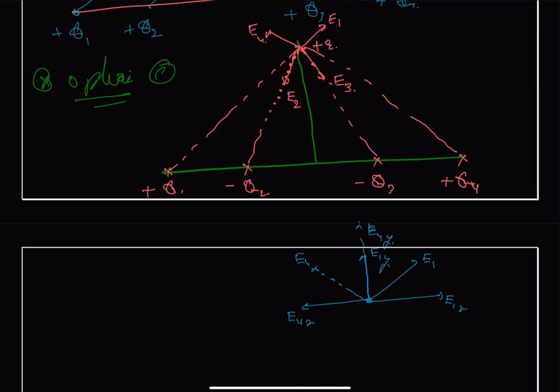And our E2 is along this axis. So this will be our E2x, minus x obviously, and this will be our E2y.